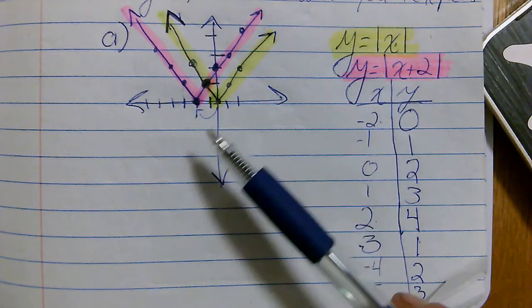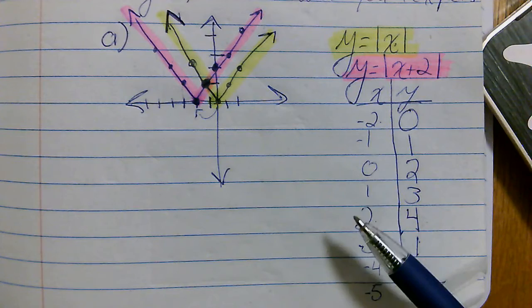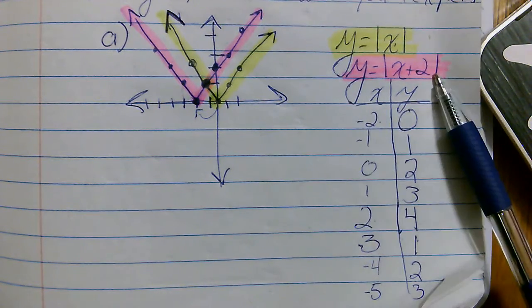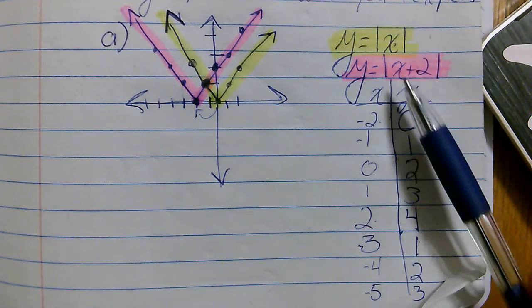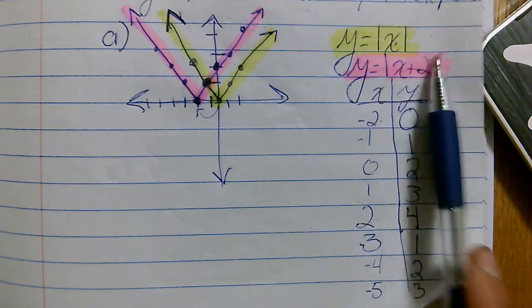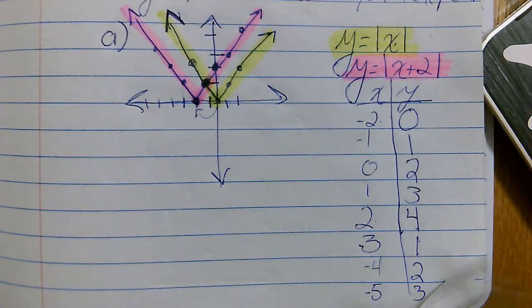Because remember, absolute value has to do with the spaces it takes to get from that number back to 0. So it seems counterintuitive, but that's the way I think of it. You have to add 2, that's the plus 2 here, add 2 to get back to 0, and that's why it had to shift down 2.